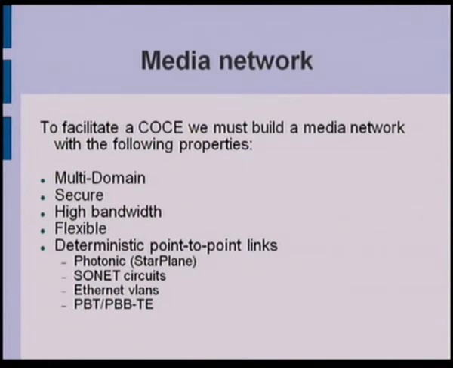Sometimes we want to set up links to a display directly, or sometimes it has to be re-encoded on a storage cluster. So those links should be set up dynamically, or not very fast, but fast. And the links should be deterministic. We currently use photonic links at the UVA. Starplane is a project who is working on that.